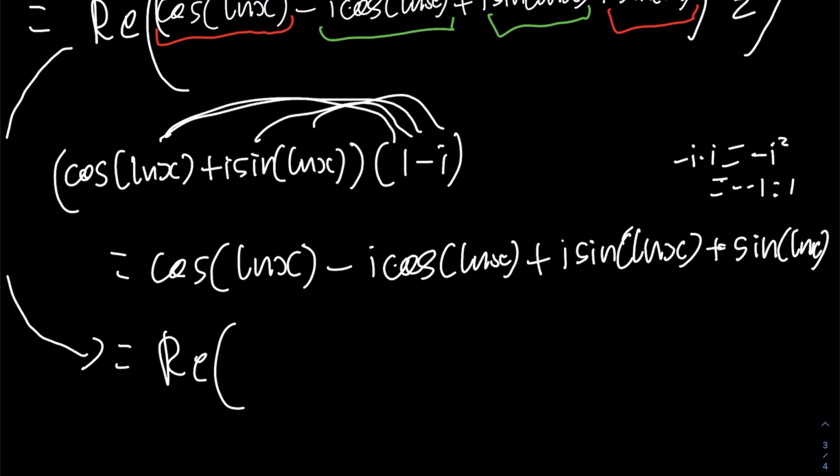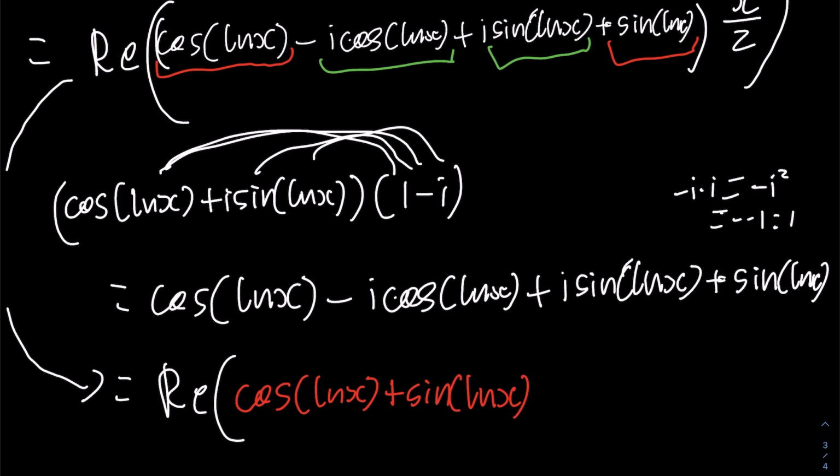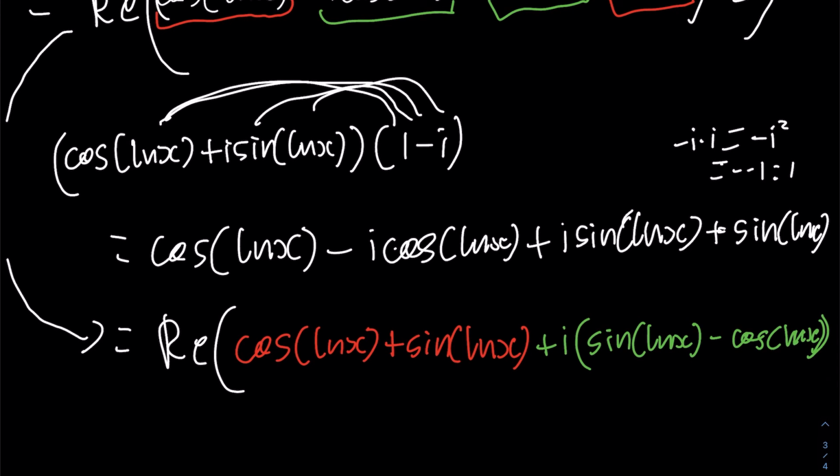So what we can do is we can write this as now the cosine of ln of x plus the sine of the ln of x, and then plus, now we have a plus, so we can do this, and then what we see here, as these are both imaginary parts, we have an i which we can factor out, and then we have, of course, sine of ln x, because we have this minus this, it doesn't matter which way you see it, so we have the sine of ln x minus the cosine of ln of x, like so, and we have to still see that.